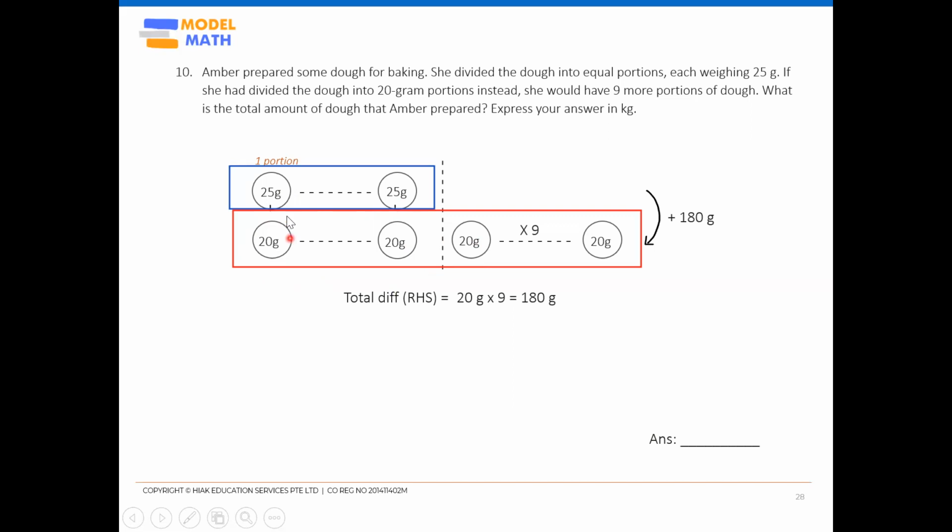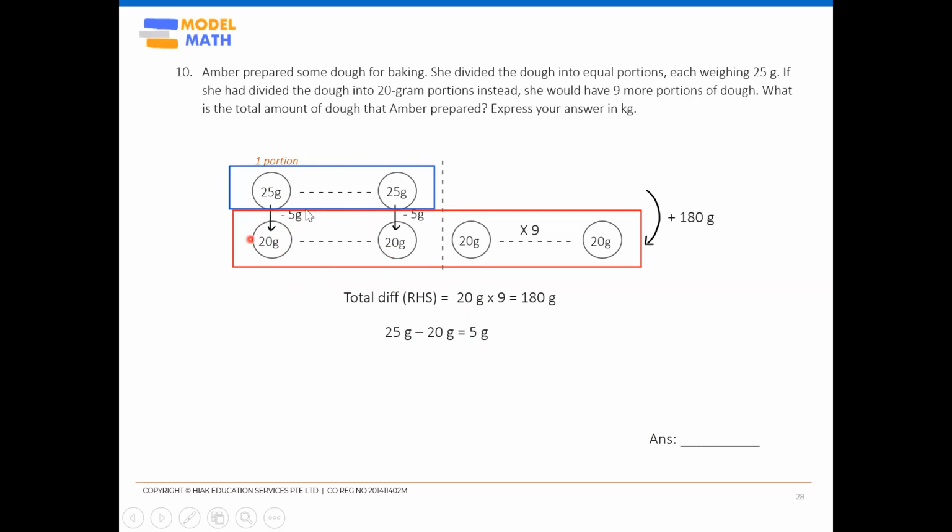And you notice that each portion, how much am I pinching out? Each portion, I'm actually pinching out 5 grams. So a straight arrow to indicate what I pinched out, and put a minus 5 grams to indicate there is a drop of 5 grams. So there'll be many drops of 5 grams on the left-hand side.